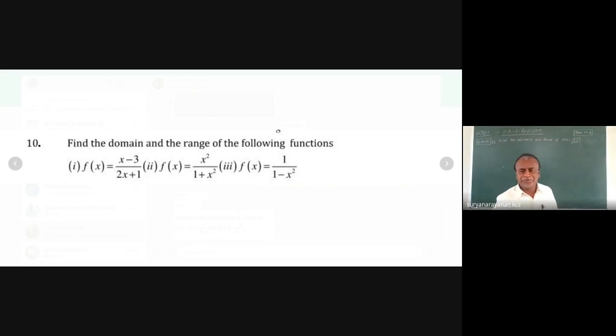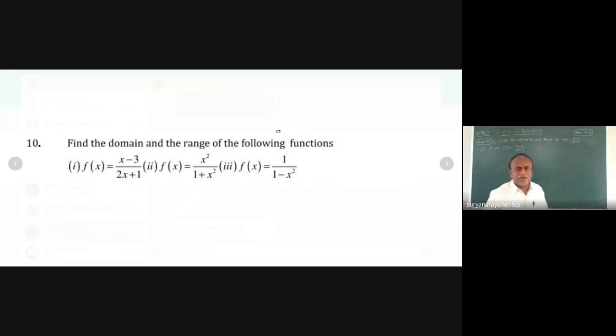Okay, my dear children, see this question. F of x is equal to x minus 3 by 2x plus 1.